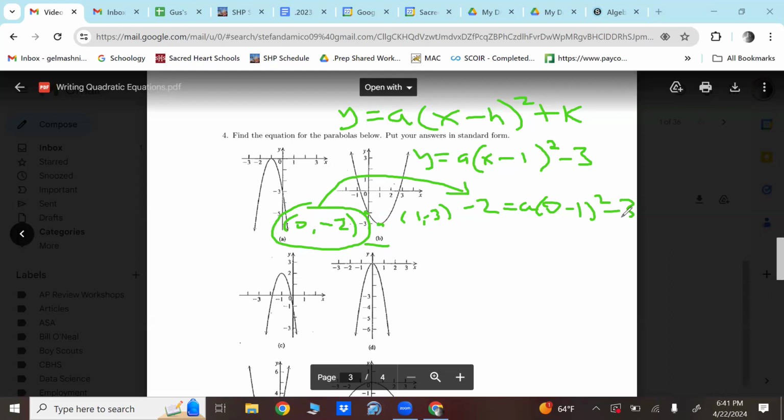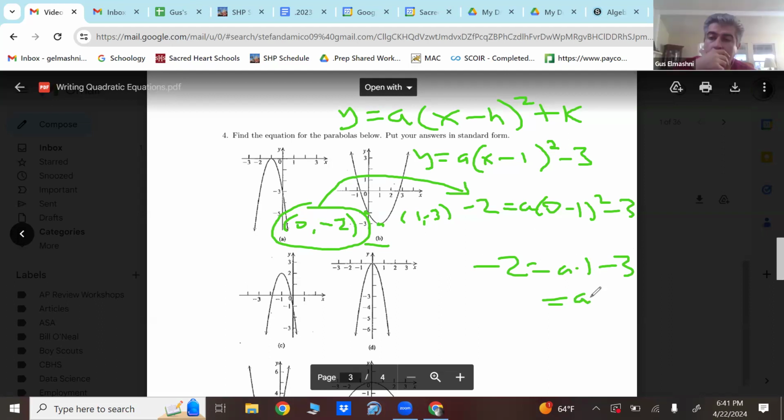So 0 minus 1, that's -1. Squared is 1. Yeah, it's 1. Okay, keep going. What does that equal?